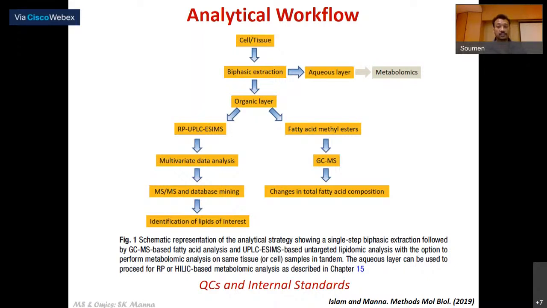And there is always this issue of data normalization that we talked about, which you can do either by internal standards or by normalizing by some endogenous compound, although we don't have a very good one for lipidomics or metabolomics either. And then you can also do it by total ion count normalization and take care of any artifact that might be formed in your data. So those things are still valid as much in metabolomics as in lipidomics.